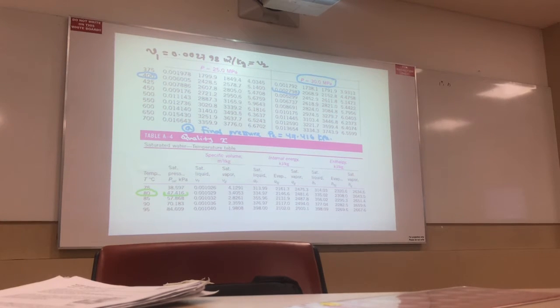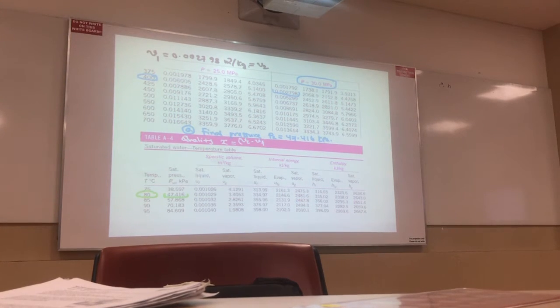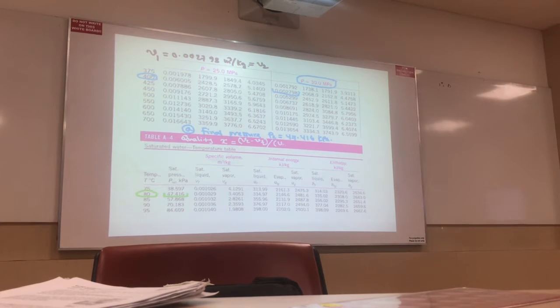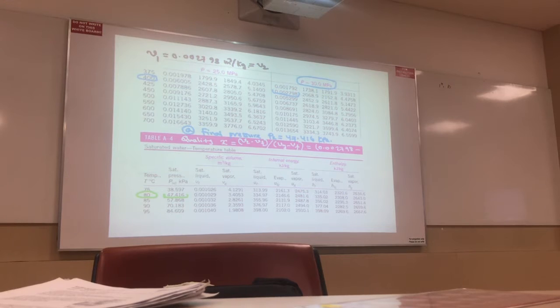Quality X becomes, I tell you, V2 minus Vf divided by Vg minus Vf. So what is V2? Tell me. V2 is 0.002798 minus what is Vf? Vf is this one.